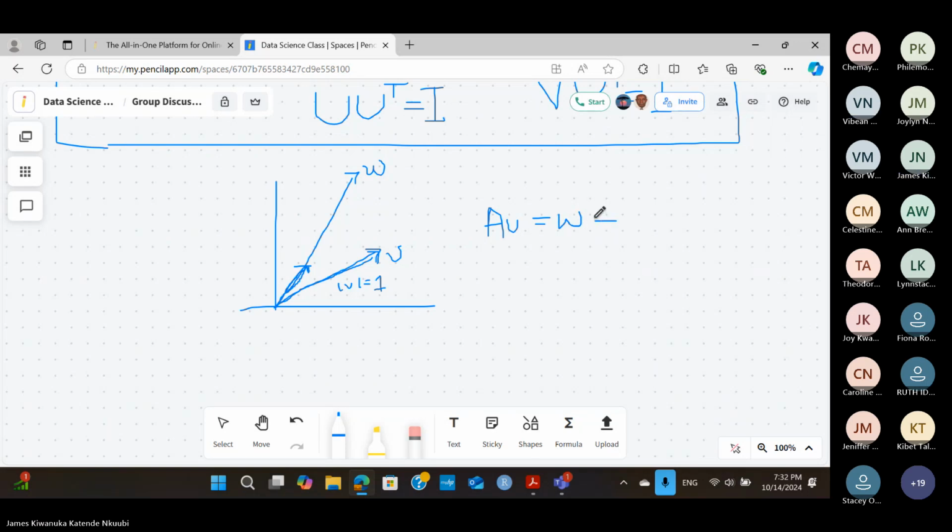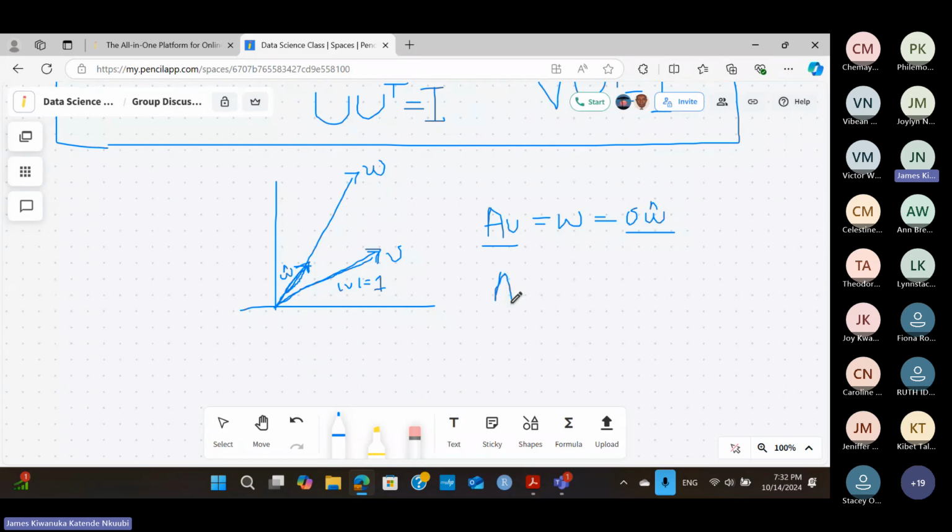W is a multiple of a unit vector. Let's call this W hat, the unit vector in the direction of W. So this small vector here is a unit vector in the direction of W. A acting on V will give me a multiple of some other unit vector. This tries to generalize the idea of the eigenvalues.